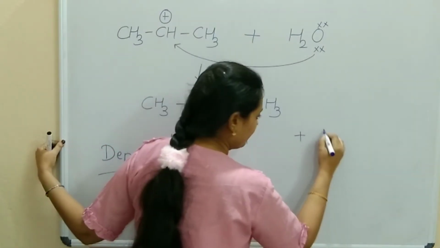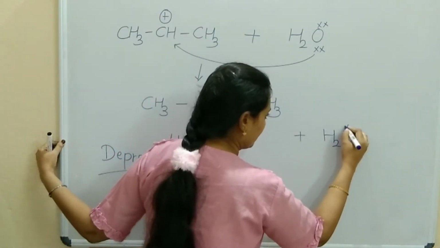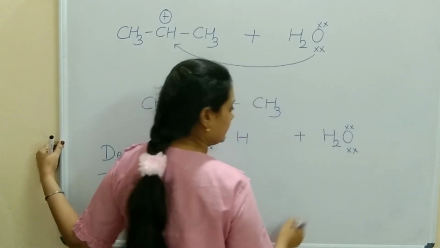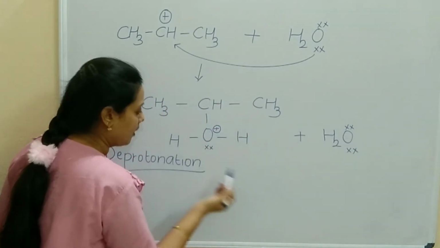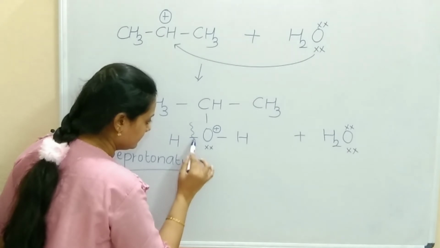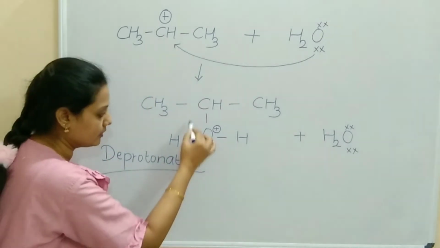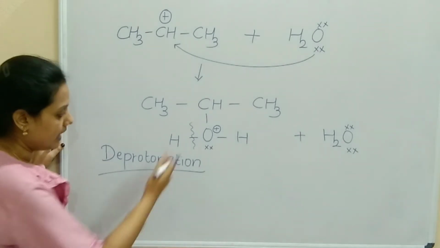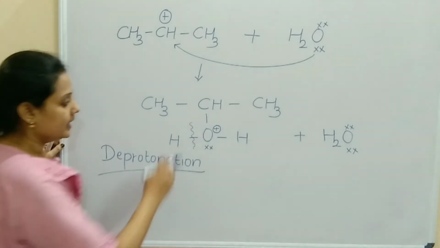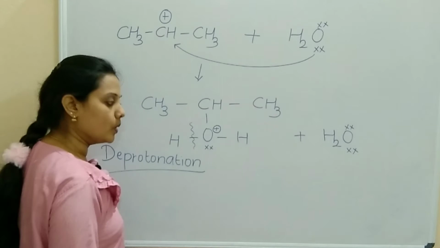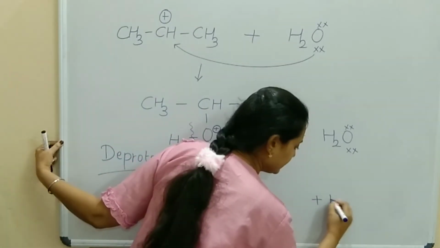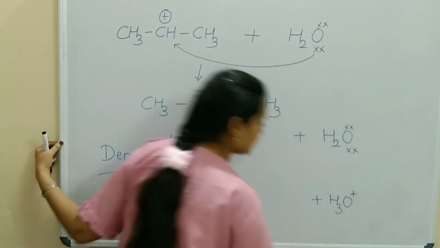So we will add water to this H2O. So one of the bonds will break here. Correct? Oxygen will take up the electrons. Any one of the hydrogen, that bond will break. So hydrogen is removed. It will add with H2O and it will form H3O plus.